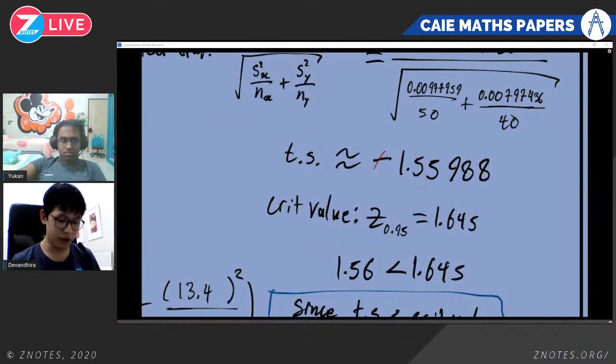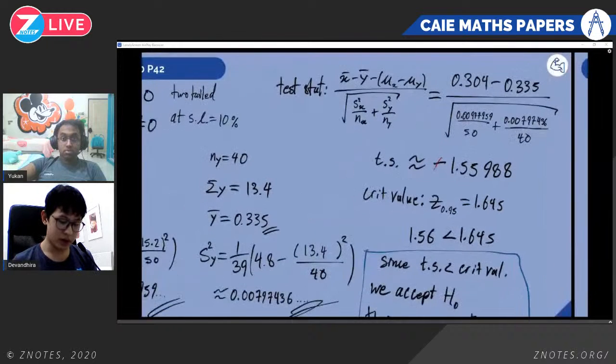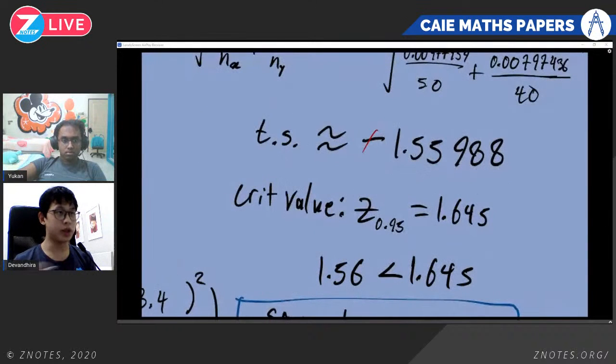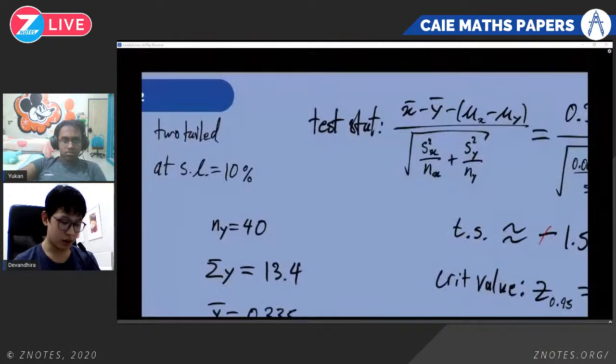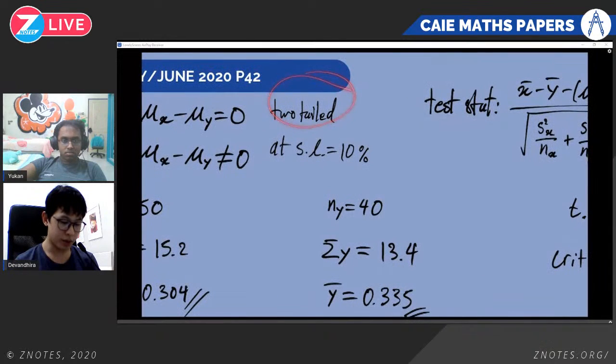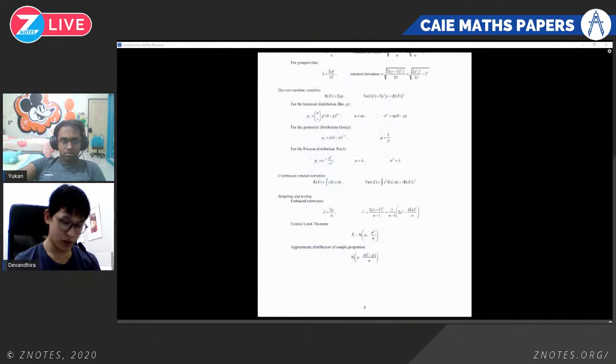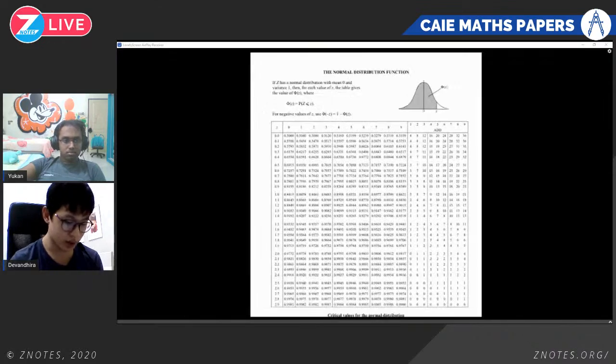Now our critical value. We can assume normal distribution because the sample is quite large, 50 and 40. Remember that this is a two-tail test, and it's computed at the 10% significance level. So let's try to find where that is.